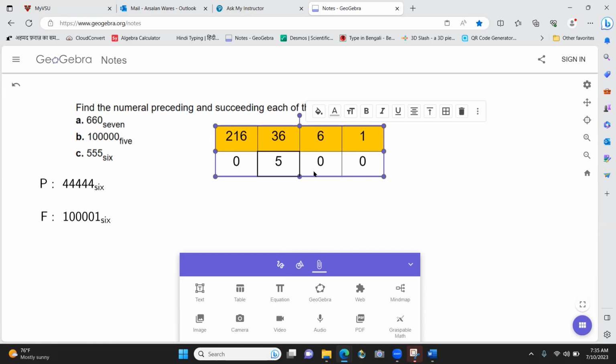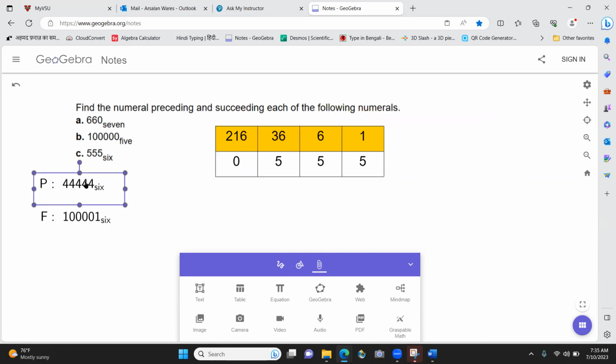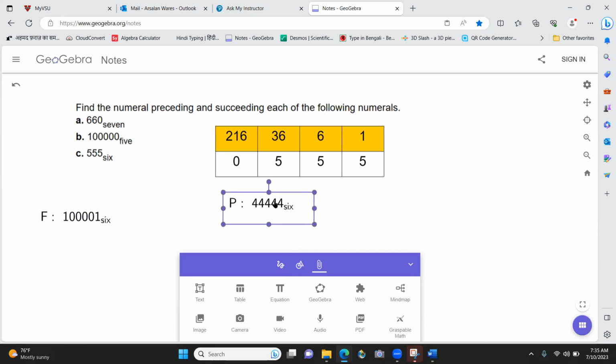This is my original number, right? Now, let's do the one that's preceding. This one for preceding is easier. Okay, you'll get a feel for it. So the preceding means you have 5 loose ones, 5 rods, and 5 slabs.